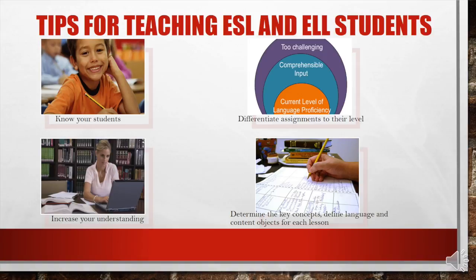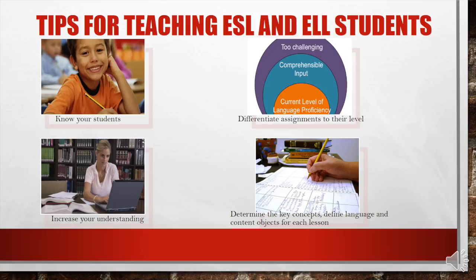With that being said, we also need to make sure that the students are speaking, writing, reading, and listening every day. This needs to be included in all of the assignments because the best way for them to learn the language is to interact with the language by speaking, writing, reading, and listening at their level.